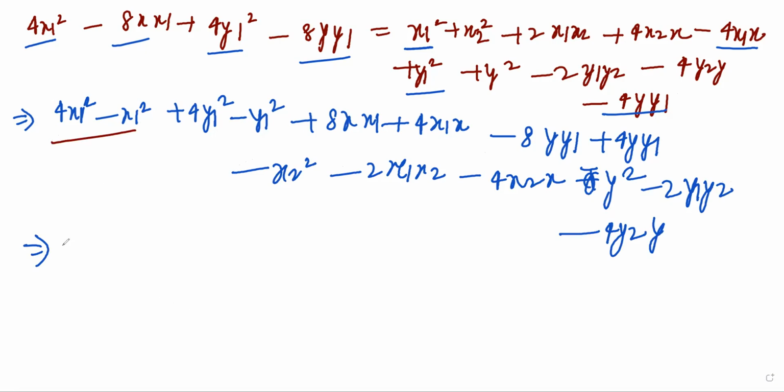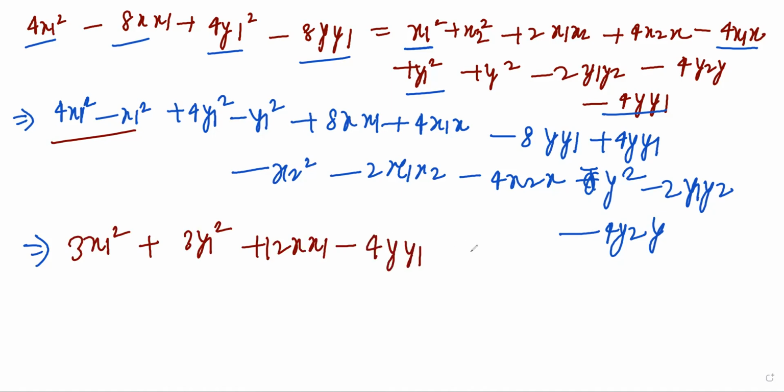So now solve this one. So it will be 3x1 square plus 3y1 square plus 12xx1 minus, so it is minus 4y1, right? Minus x2 square minus 2x1 x2 minus 4x2x.